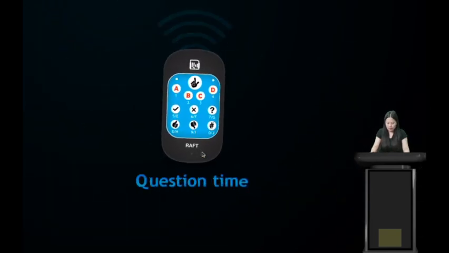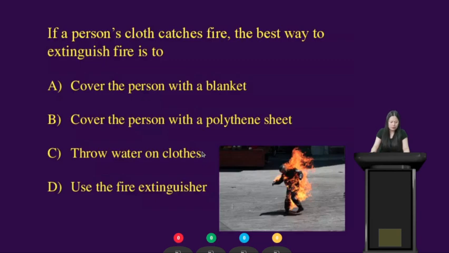The question is, if a person's clothes catch fire, the best way to extinguish the fire is to, we have four options. I'm giving you 30 seconds to respond to this question. Your time starts now.